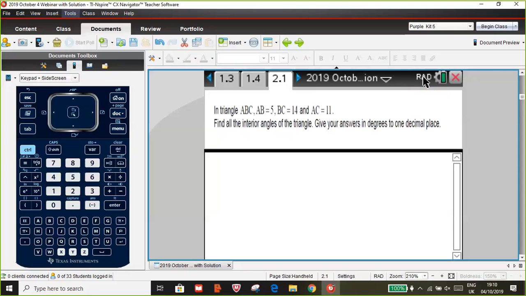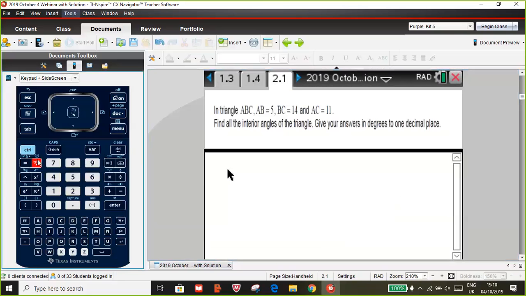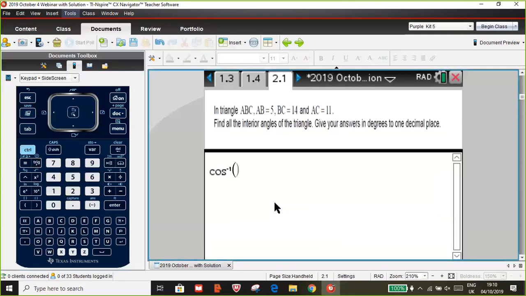So if you open up a calculator page, which I've done here, I will type in arc cos or cosine inverse. And I'll apply the formula that is in the formula sheet for the cosine rule.